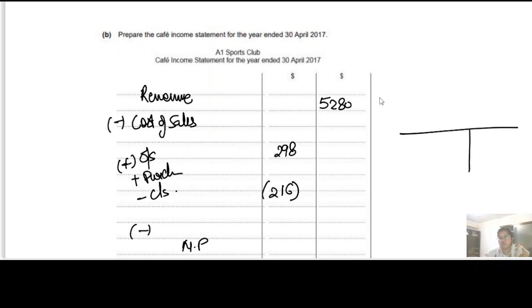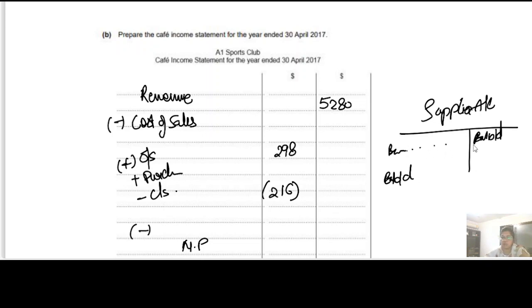For calculation of purchase, you need to prepare the supplier account. Opening balance this side, balance brought down, closing balance this side, balance carried down. And whatever payment you made, you have to record it on this side.